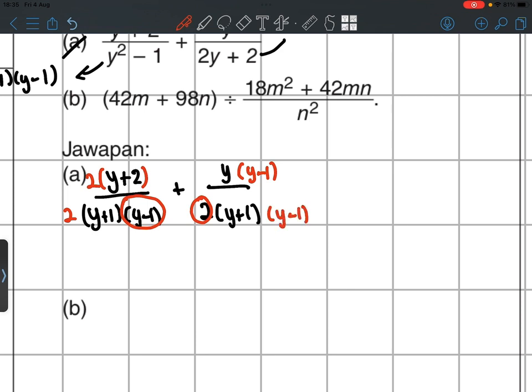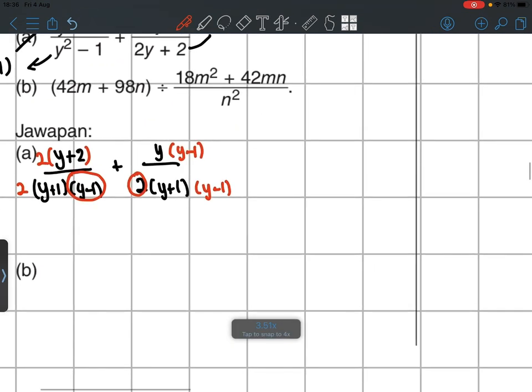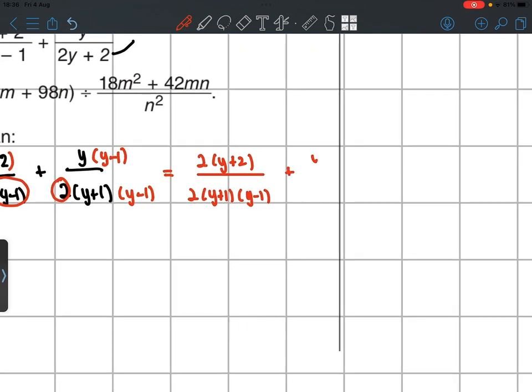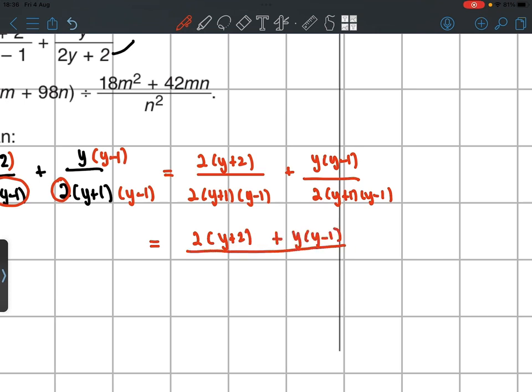Then you can see the fractions are similar. So 2(y plus 2) divided by (2y plus 1)(y minus 1), plus y(y minus 1) over the same denominator. The denominators are similar, so we can combine the fractions: 2y plus 2 plus y minus 1, and the denominator is maintained.